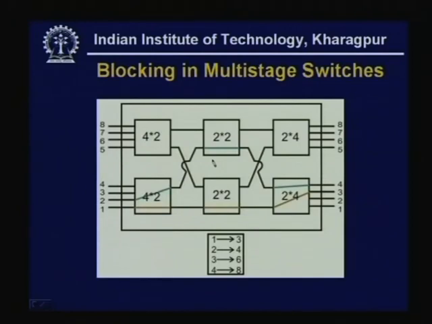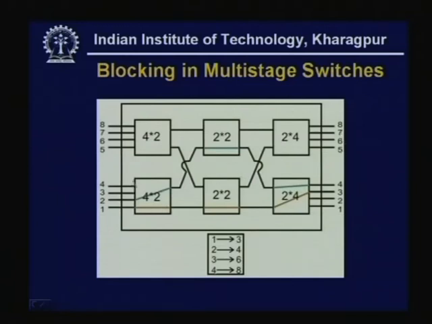For example, say we would like to establish connections from 1 to 3, 2 to 4, 3 to 6 and 4 to 8, which is shown here. So, the 1 to 3 connection is established in this manner, then the 2 to 4 connection is established in this manner. Now, 3 to 6, how can the connection be done? We find that 3 and 4 cannot be connected to 6 and 8.